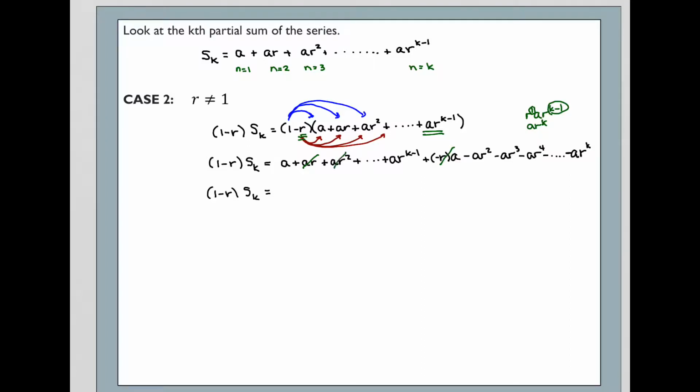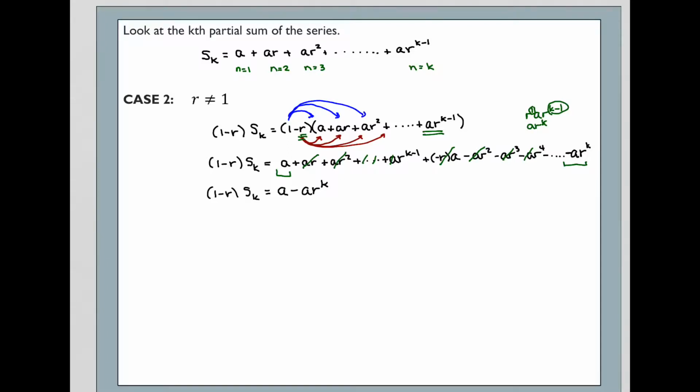The positive AR squared and the negative AR squared cancels. In fact, all of the terms cancel except the very outer two. The first term remains and the last term remains. And so that means on the right side, I have A minus AR to the K.